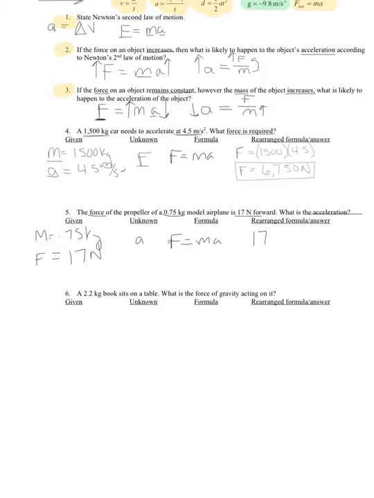I'm given an F, 17 equals m, 0.75, times A. I'm looking for A. I'm just going to divide by 0.75 on both sides. 17 divided by 0.75, 22.67. So my A is equal to 22.67 meters per second squared. And that's my acceleration.